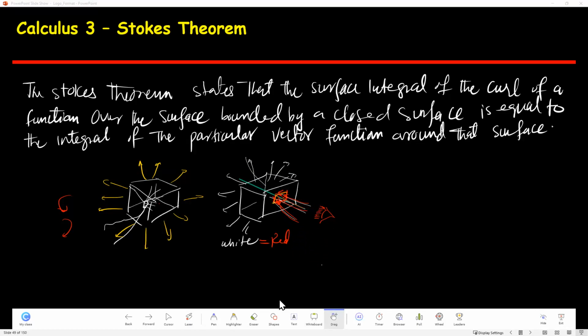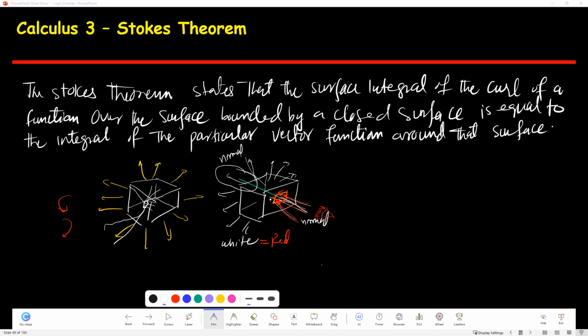If you consider this green line is normal to this window, then I want to know how much of everything coming out is in the direction of this green line. So that should be normal, and this one here is also normal. So they're coming out and then coming in.